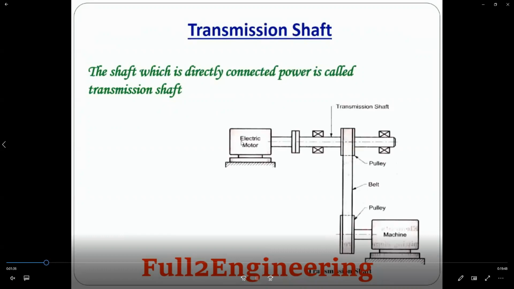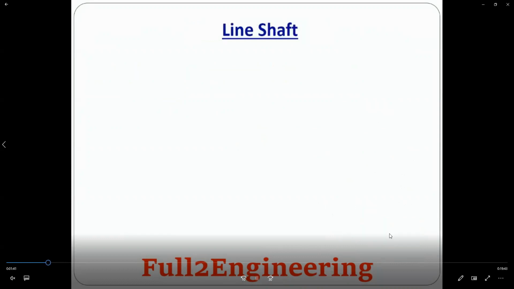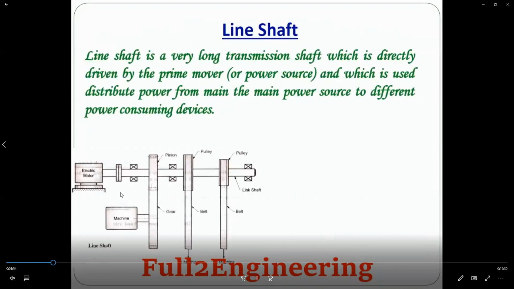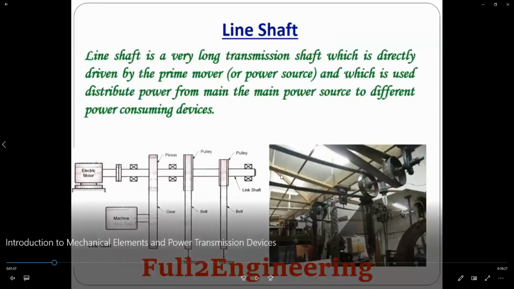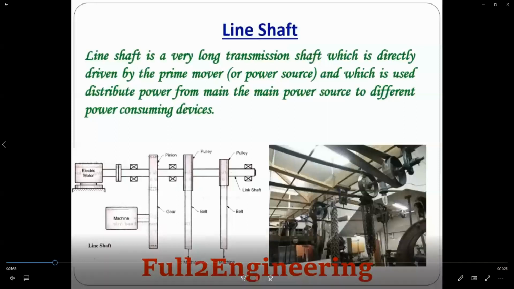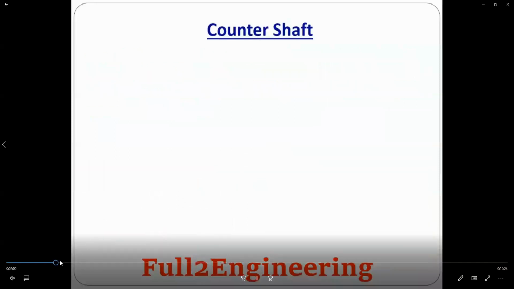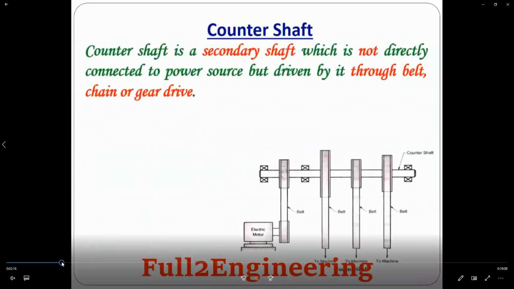Electric motor, transmission, the belt, then transfer to the machine. So there are different types of shaft. Like in this photo, you can transfer the power using the belt to another device. This one is also considered a shaft.